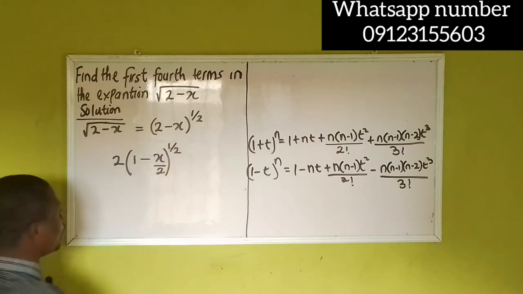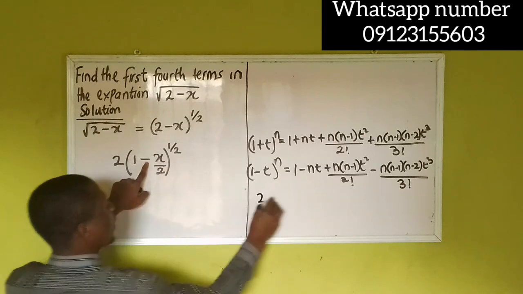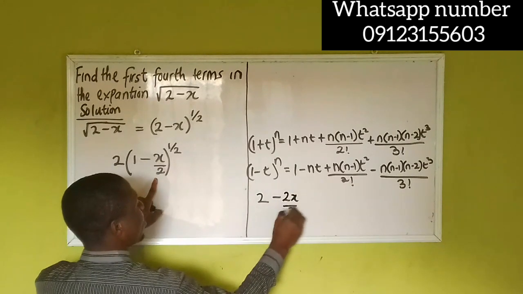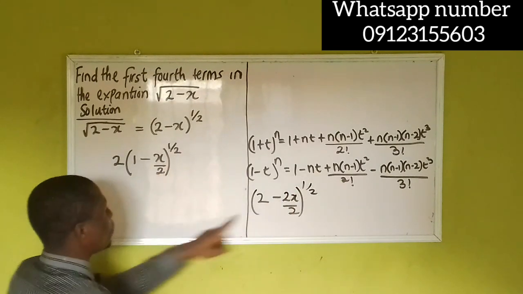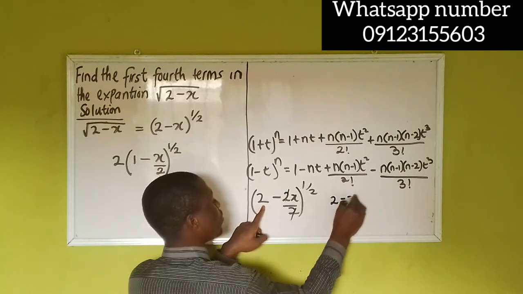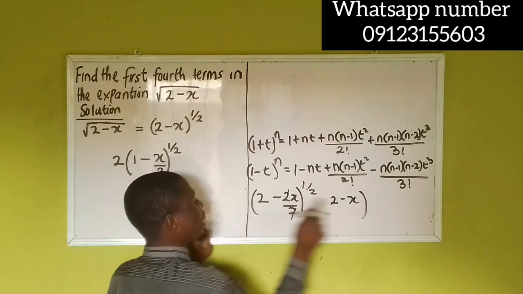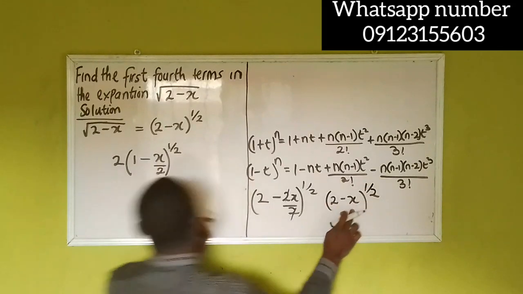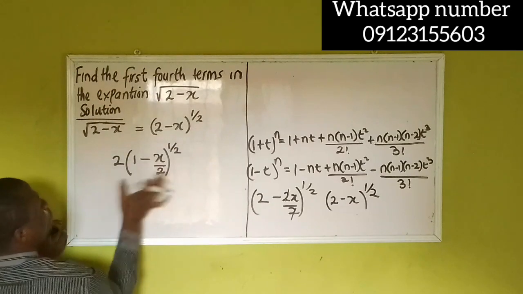Let me simplify this for you. 2 times 1 is 2, minus sign, and 2 times x over 2, I have 2x over 2, to the power of 1 over 2. If I simplify this, 2 can cancel out 2. I'm left with 2 minus x over 2, to the power of 1 over 2. This is the same as this.